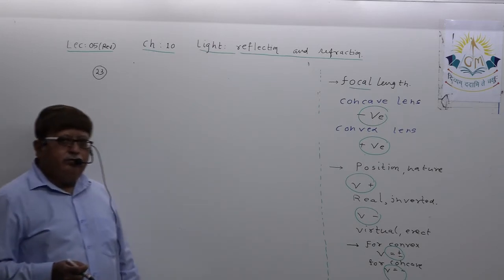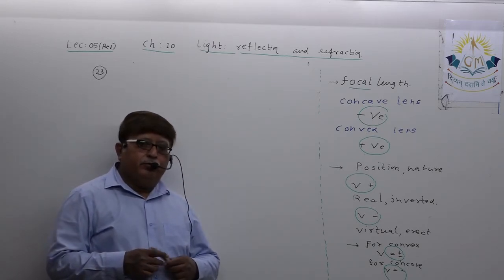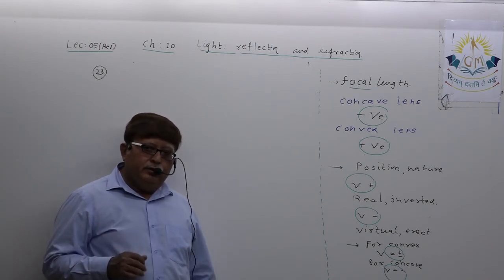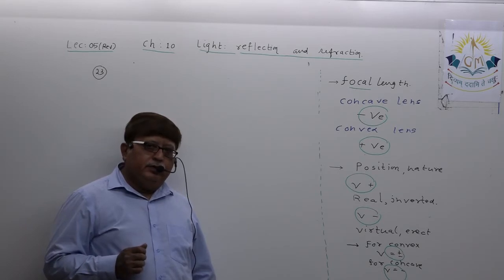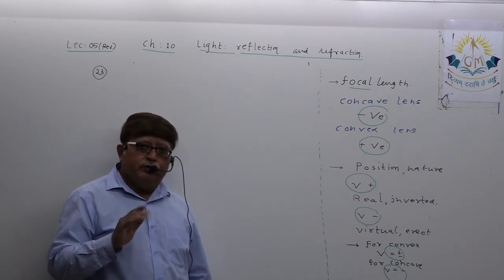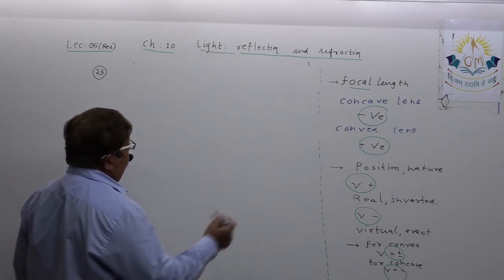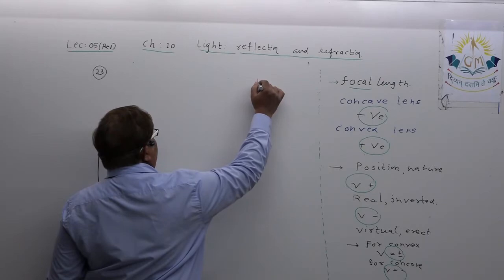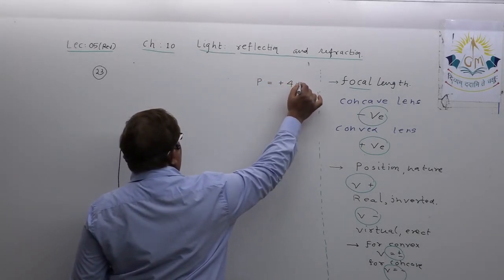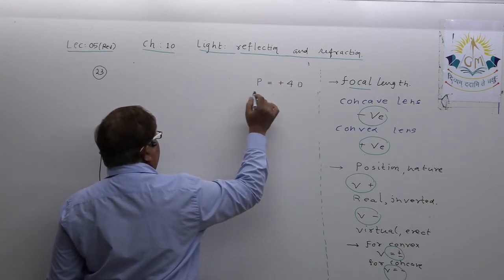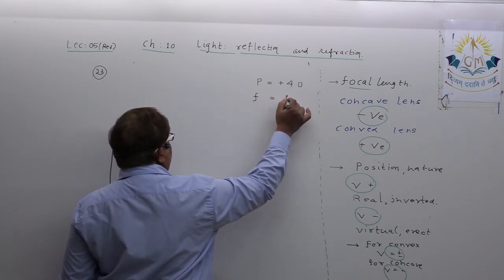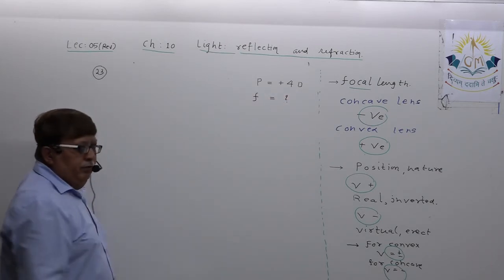Now you have to check, dear student, where you should place the object so that you get a real inverted image of the same size. See, dear student, first power has been given, plus 4. Okay. Now, dear student, power has direct relation with f, that you all know very well.